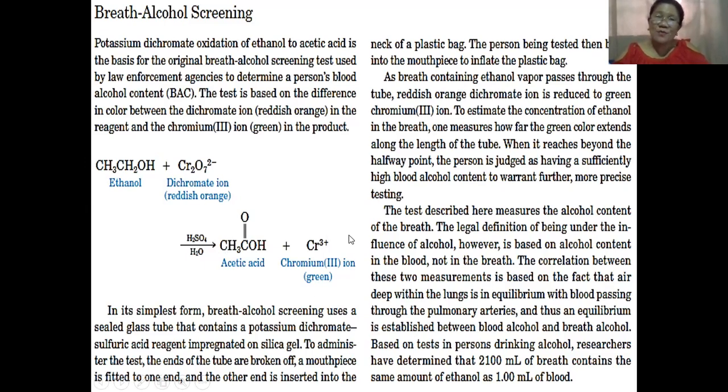The chromium ion will signify if and when you have ingested alcohol. But if you did not ingest alcohol, this will not form. The chromium ion, in green, will not form. Okay. So, that is it.